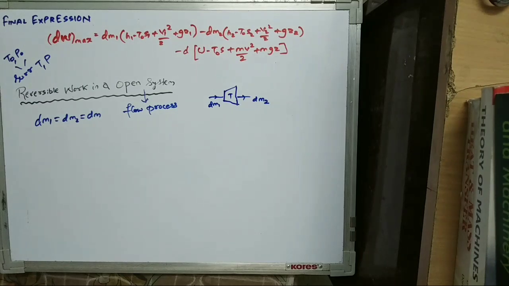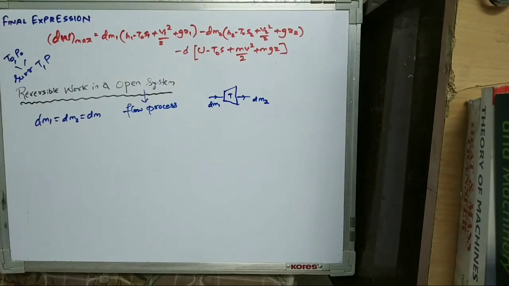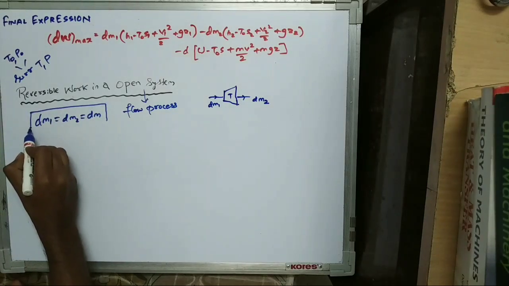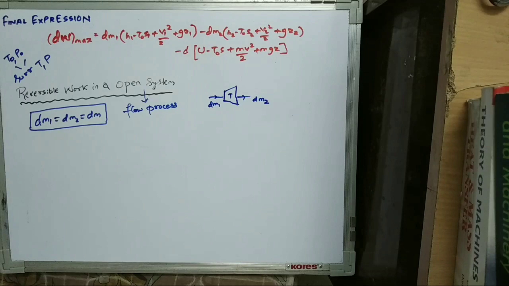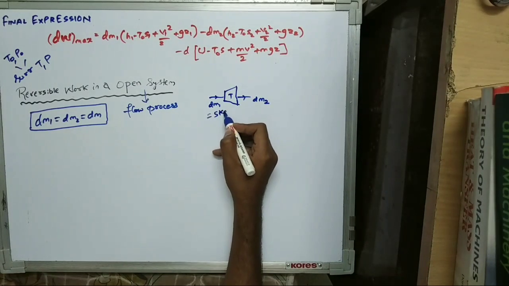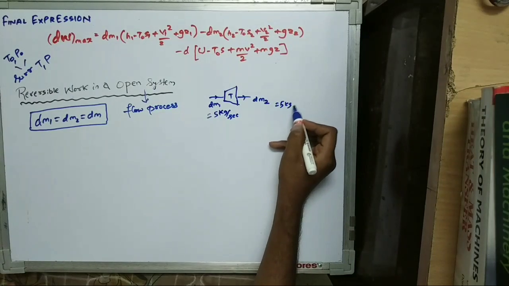For an open system or a flow process to be reversible, we have to make the process steady, and we know the condition of a steady flow process is dm1 is equal to dm2, which is equal to dm. Suppose dm1 is 5 kg per second and dm2 also is 5 kg per second.